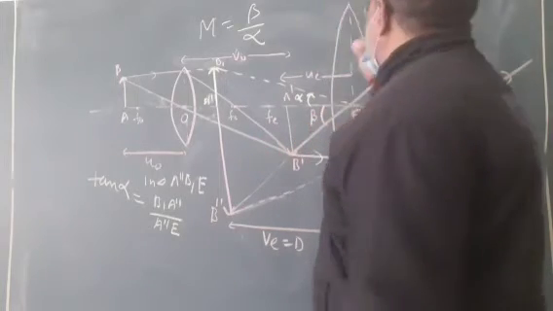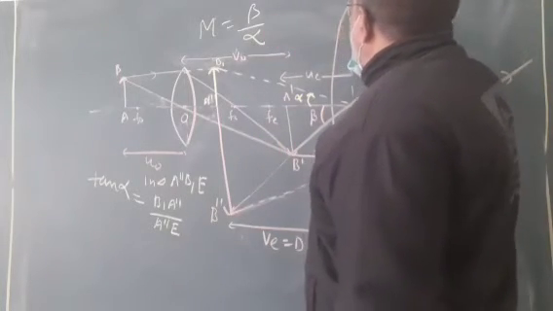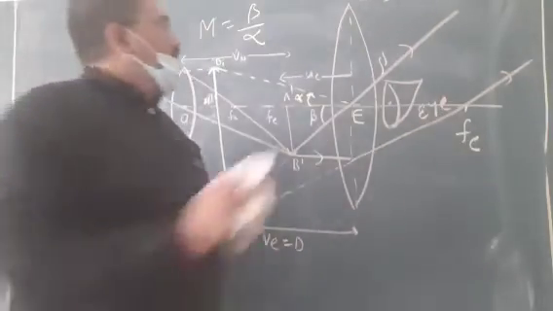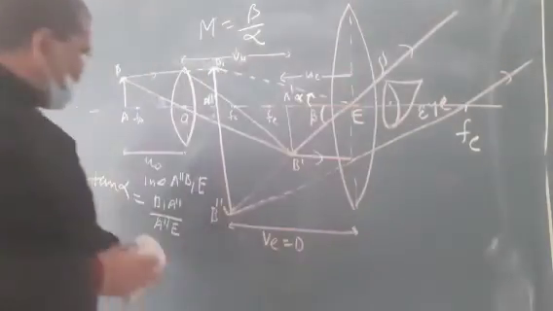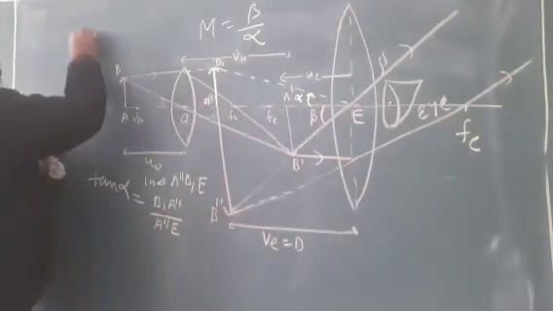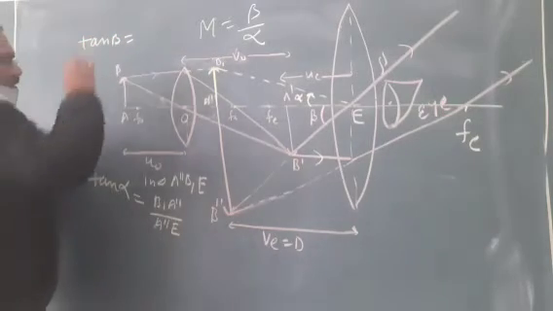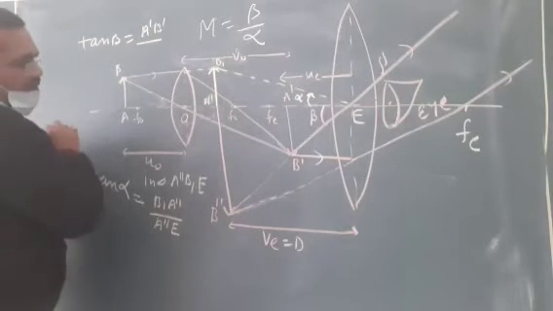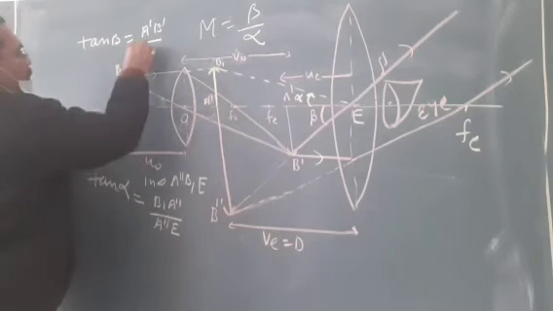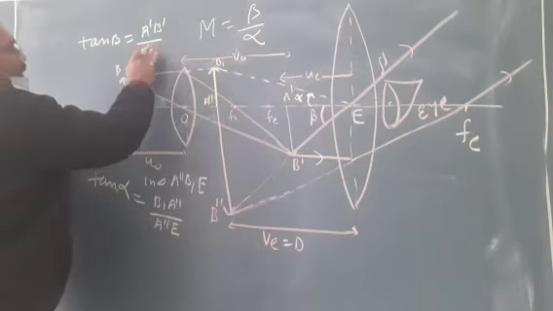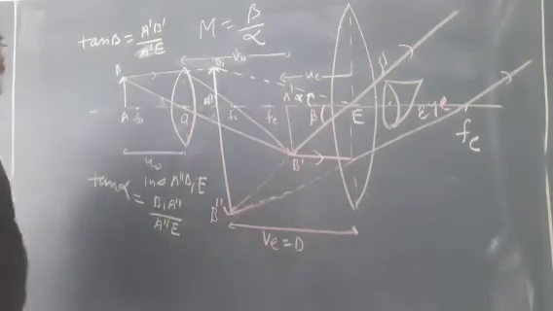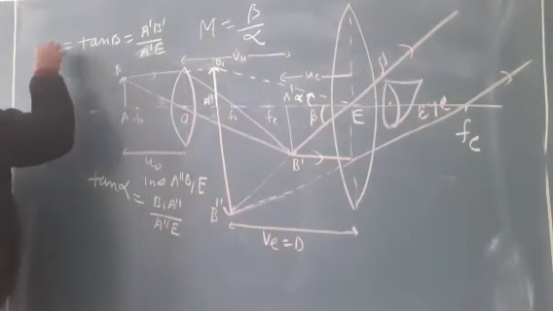So tan beta equal to A dash B dash upon A dash E, which you can write as beta.